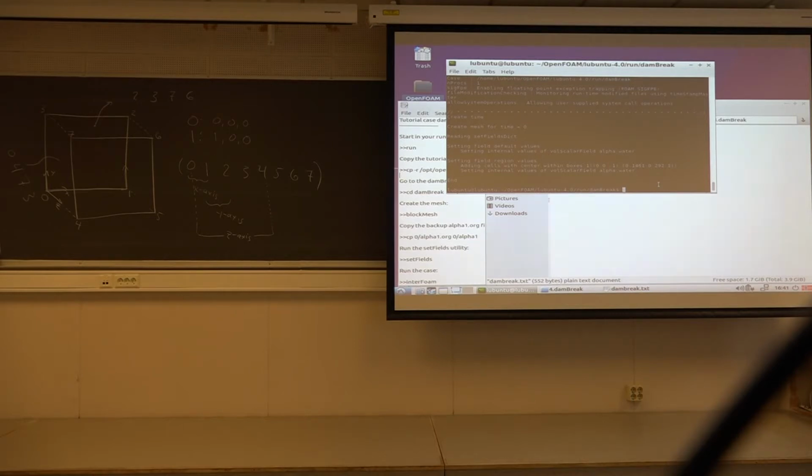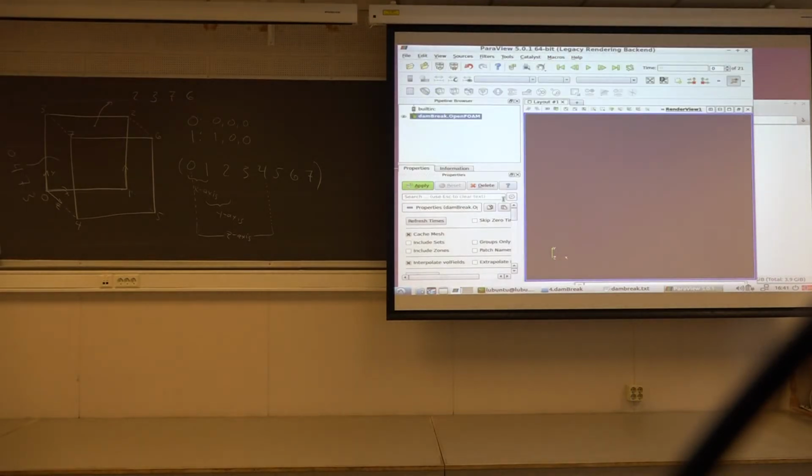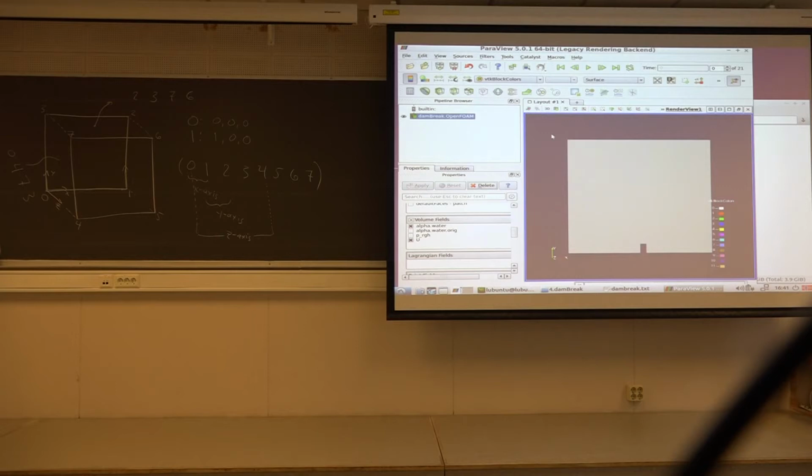Yeah, should be okay. setFields. It should now have created water at some location, and then we can run interFoam again. It should overwrite all folders, and then paraFoam again. Cross-eye for the alpha.water, apply.